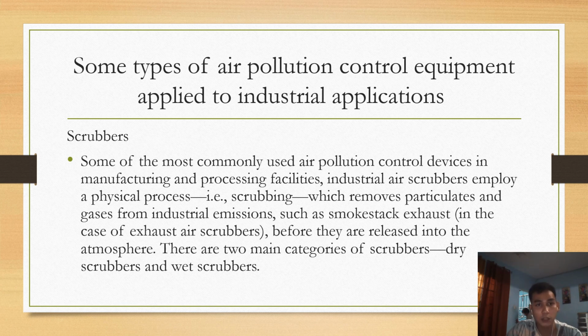Industrial air scrubbers employ a physical process, an example of this is scrubbing, which removes particulates and gases from industrial emissions, such as smokestack exhaust in the case of exhaust air scrubbers, before they are released into the atmosphere. There are two main categories of scrubbers: dry scrubbers and wet scrubbers.